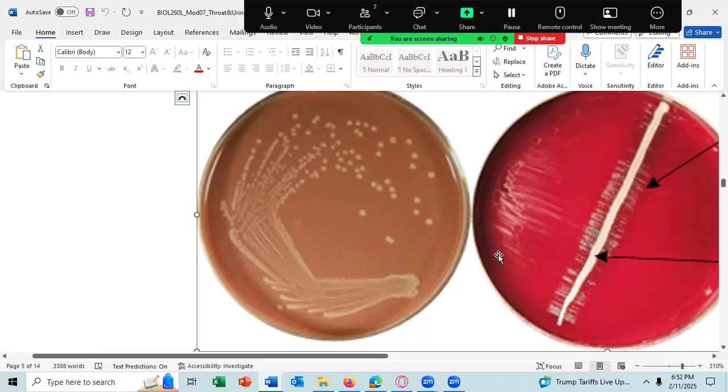And Haemophilus influenzae will not grow in this region of the blood agar plate because it doesn't have the factors that it needs from the blood. It will grow, however, in this region of the plate, any region near the Staphylococcus aureus.